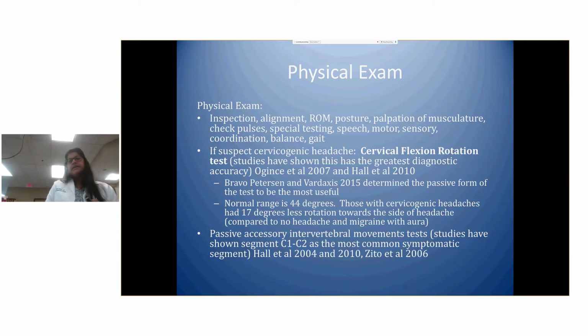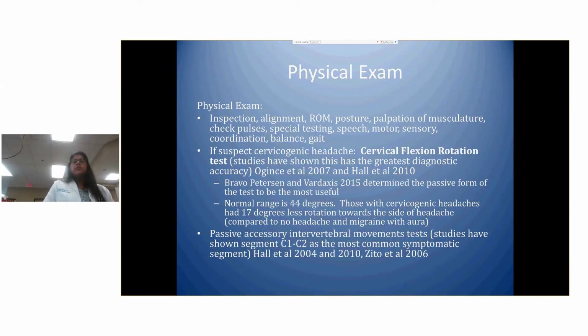So there are certain studies here which have some specialty tests in cervicogenic headaches that have been recommended if you suspect a headache. The cervical flexion rotation test, there are a few studies that have shown that this has the greatest accuracy, showing high specificity and sensitivity, specifically in the passive form to be tested.